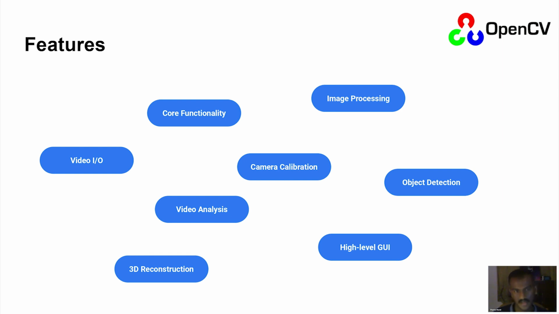And high-level GUI. When you're trying to build computer vision applications, there are wrapper functions within OpenCV which allow you to build small GUI applications as well. So it's not just that you're dealing with these applications through a command line interface, it also allows you to bring in sliders, buttons, and interactive components to help you interact with your computer vision application.